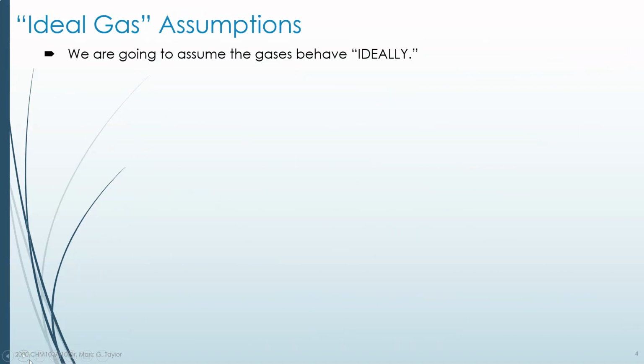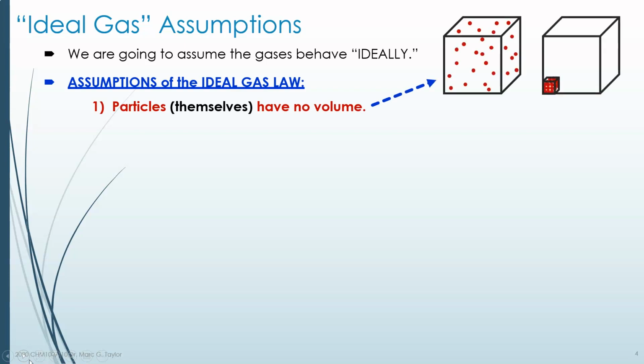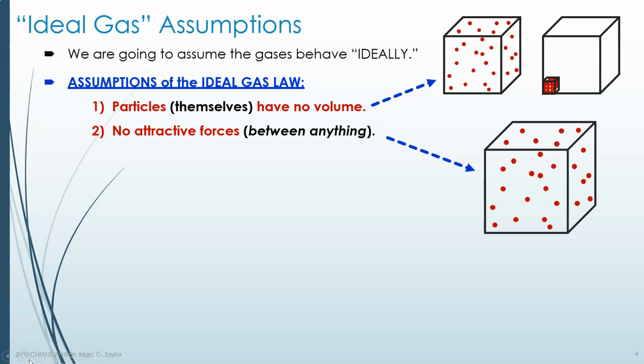So, ideal gas assumptions. Remember we're going to assume that they behave ideally, and the first assumption I already told you is that the particles don't have any volume. In other words, if I crammed all the particles into one corner of the container, they really don't take up that much space compared to the actual container. And we're going to assume that the particles just bounce off of each other, and they're not really attracted to one another, they don't stick to one another.